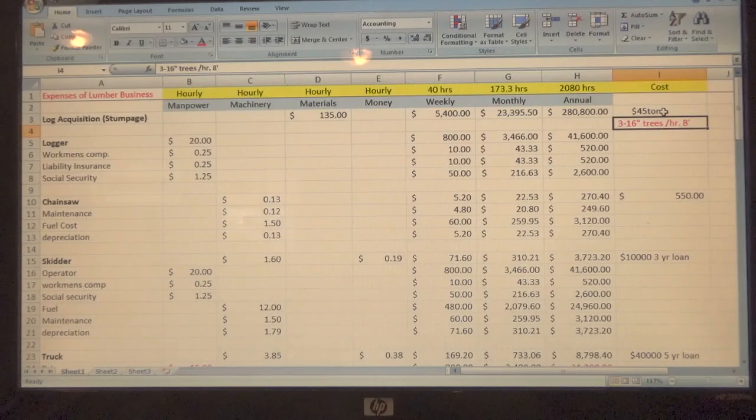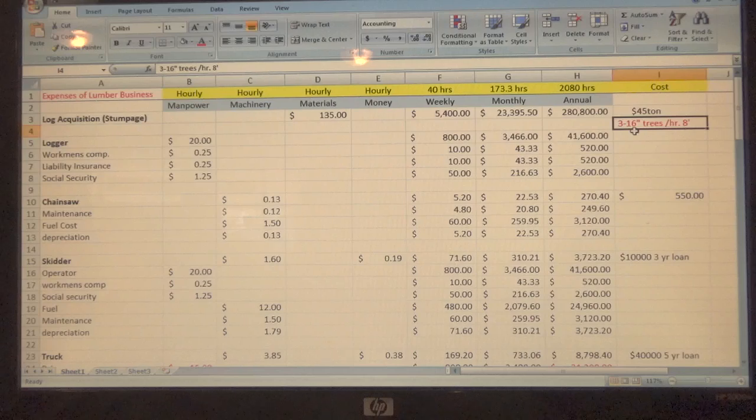And what you're looking at is a red oak 16-inch tree is about 2,000 pounds for 8 feet of it roughly. Okay, now this is a rough number, but I can take that $45 and break that down hourly, because it's $45 a ton.